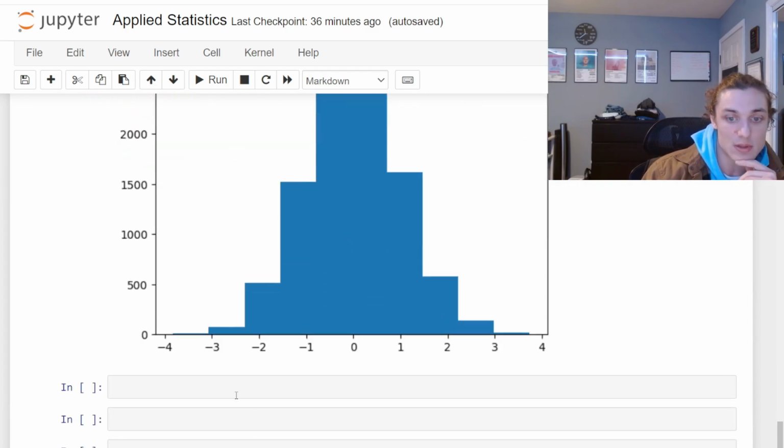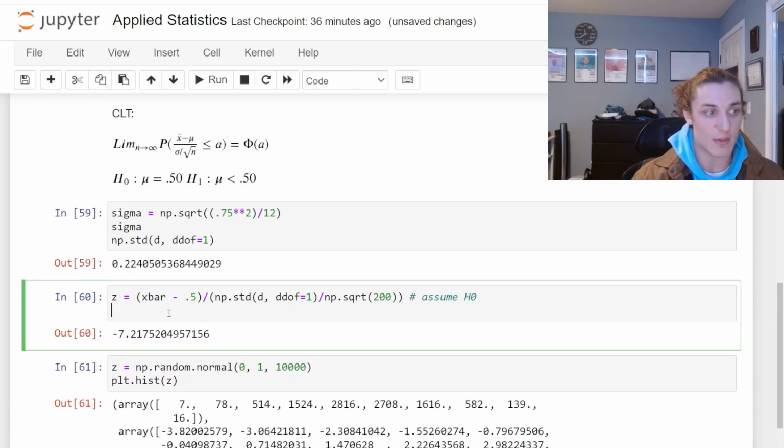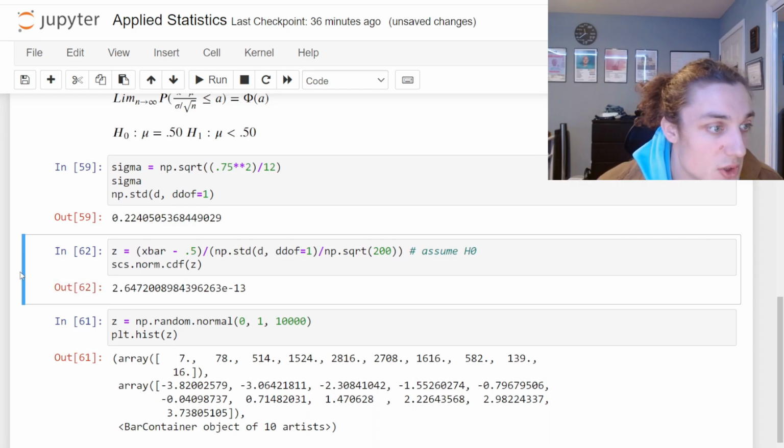In fact, we can actually compute that. To compute that, I would do scs.norm.cdf, and in this CDF, I'm going to throw this z. Look at that probability. It's so close to 0.